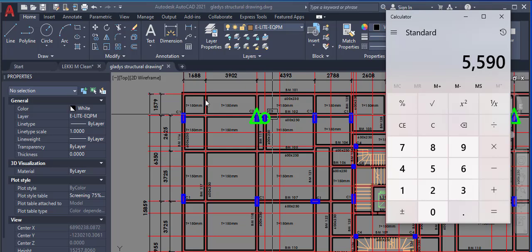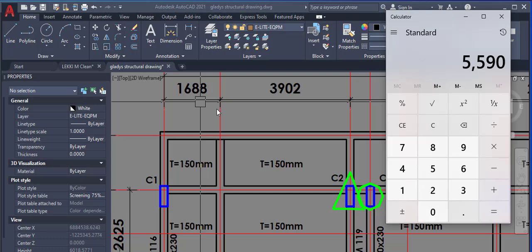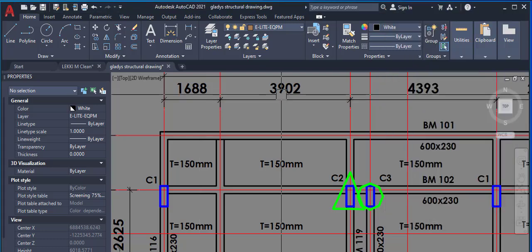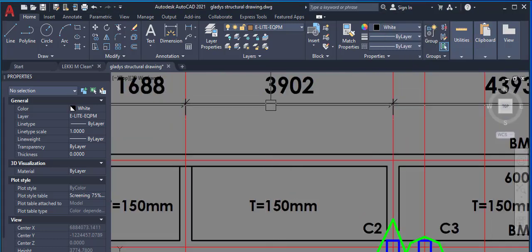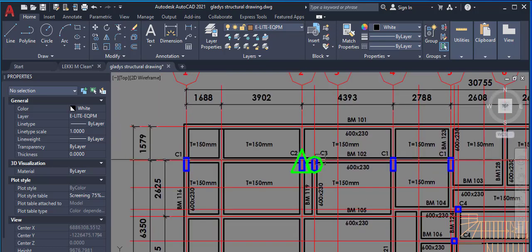So what I normally do, if my span is above 4 meters, like here, this is like 3.9, almost 4 meter, anything above 4 meter, at most 4.5 meters, I use 450 beam depth.